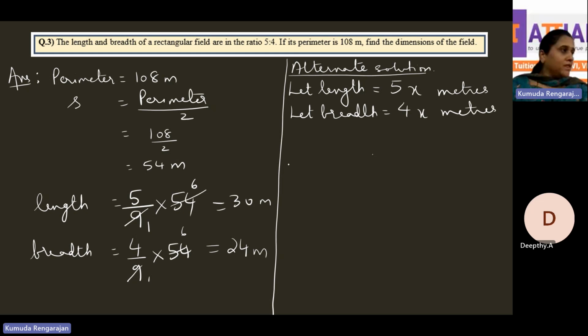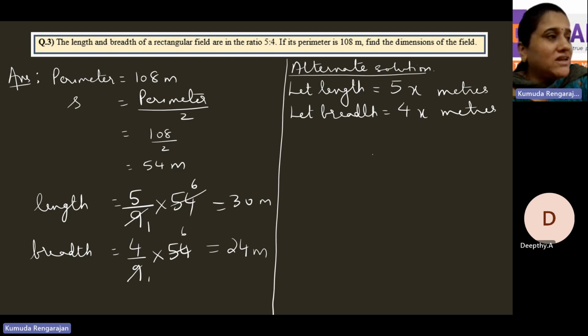This is the first step. So the length is not 5, the breadth is not 4. The length will be 5 into some constant. So let that be x. Breadth is 4 into the same constant.